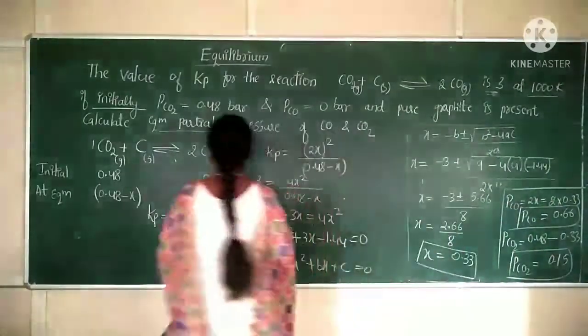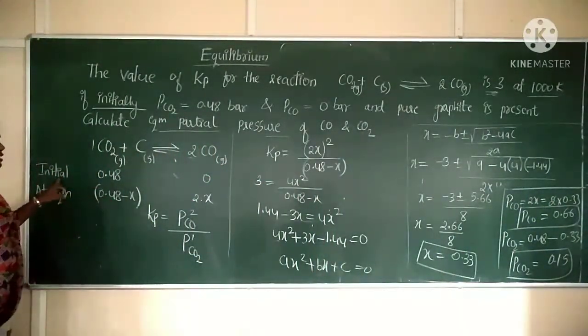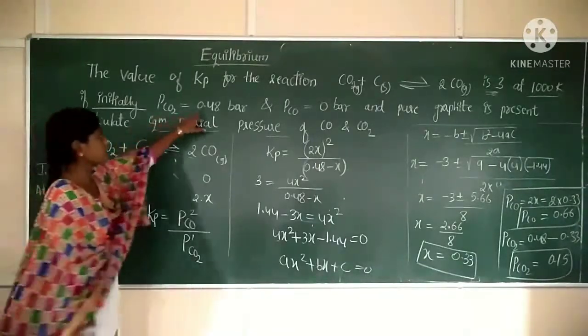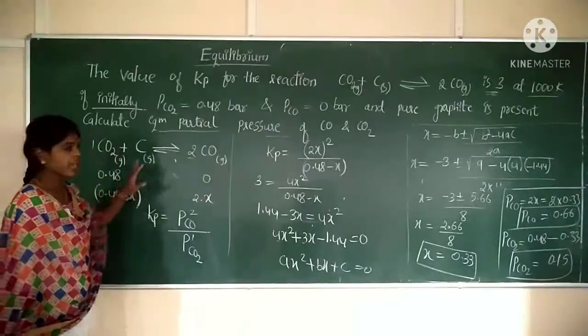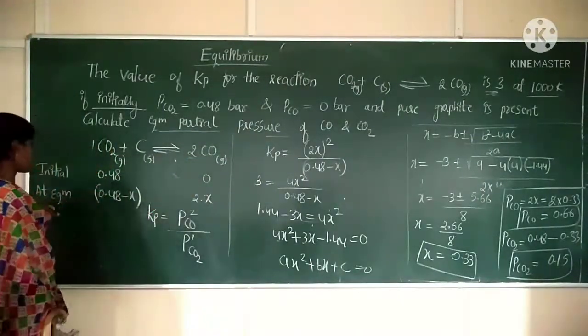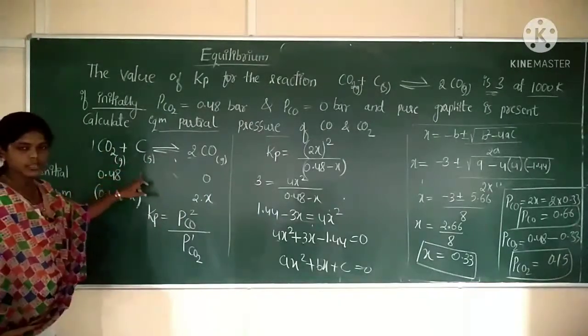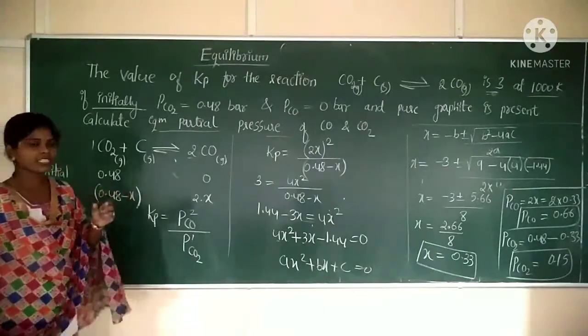Clear? Look at once. So this is the given reaction. Initial partial pressure is 0.48 for the reactant, and at that time the product partial pressure will be 0. Now at equilibrium, the reactant concentration decreases and product concentration increases. So I take the change as x.